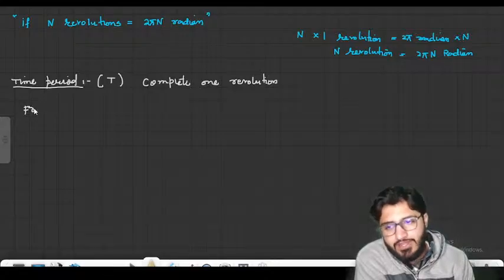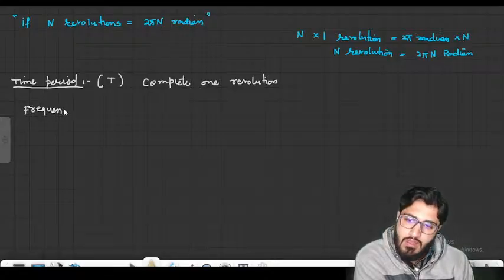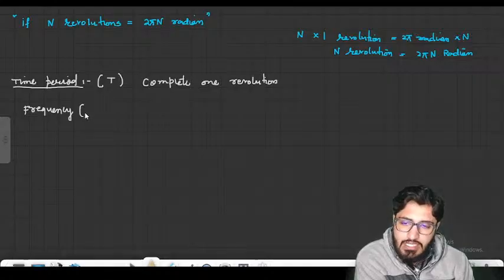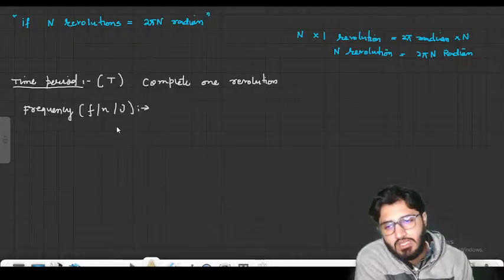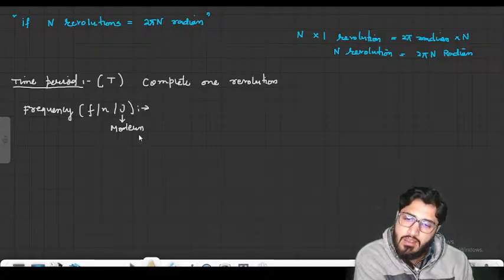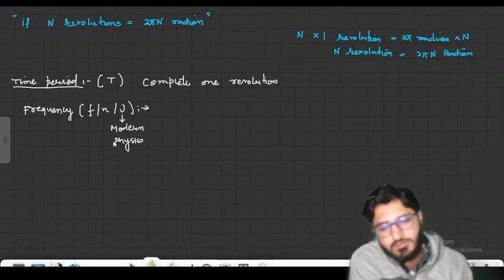Now we have frequency. We can denote the frequency by f or n, sometimes by nu, which we use mostly in modern physics. What is frequency?